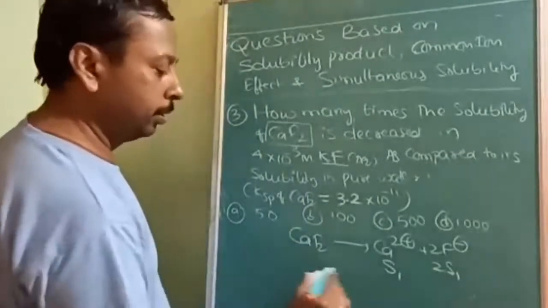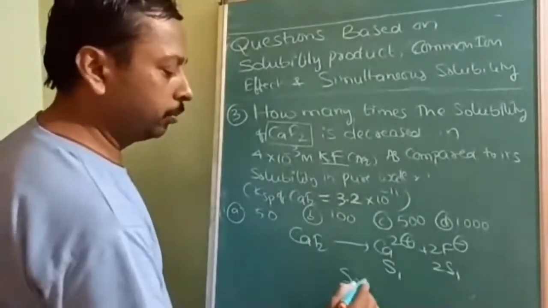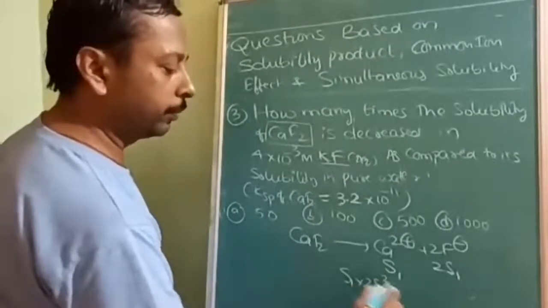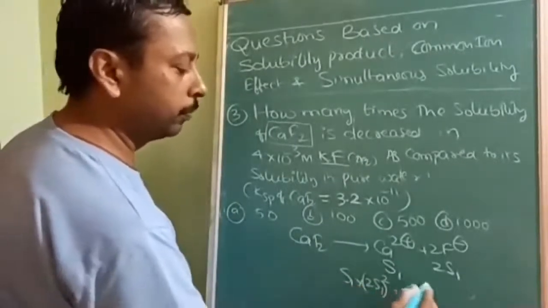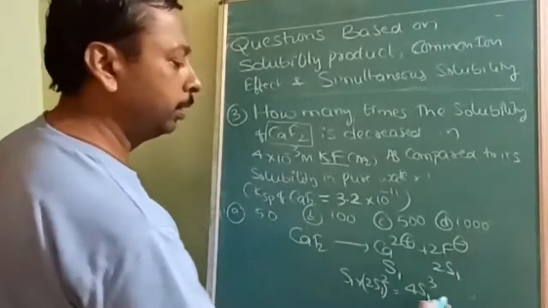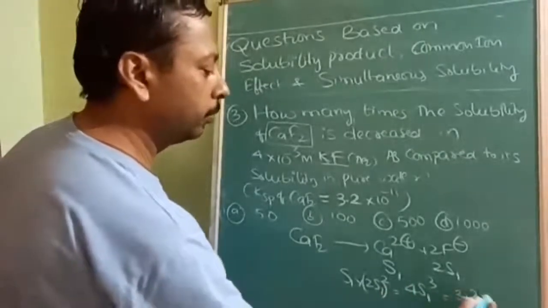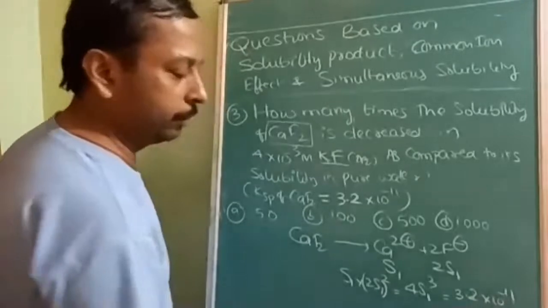Understood? So S1 into 2S1 whole square, that is 4S1 cube, is equal to 3.2 into 10 to the power of minus 11.